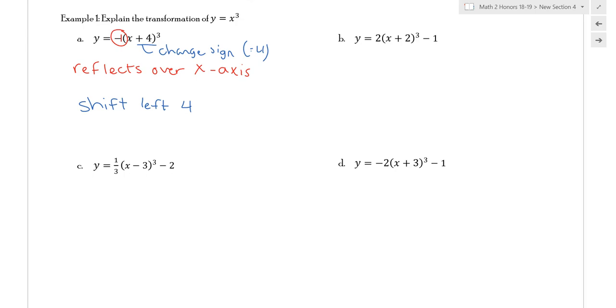Looking at our next one, y equals 2 times x plus 2, cubed, minus 1. This 2 right in front is going to stretch vertically by 2.